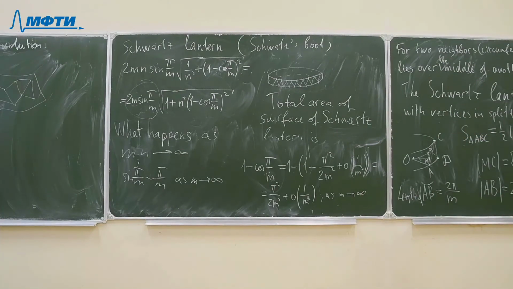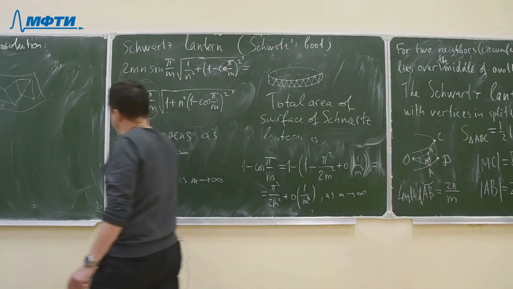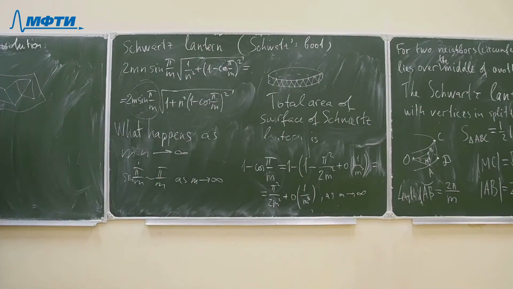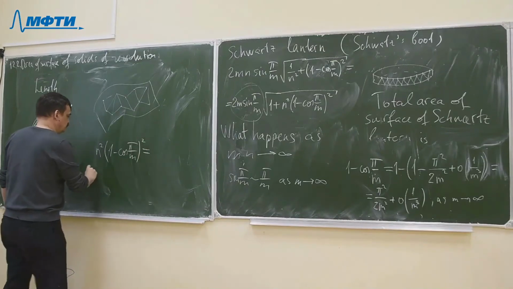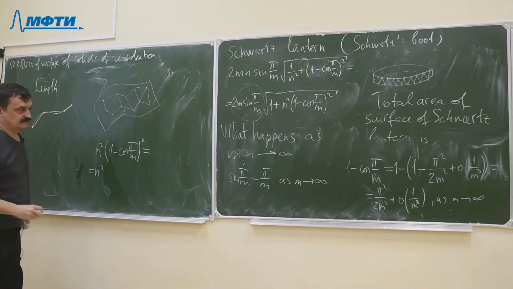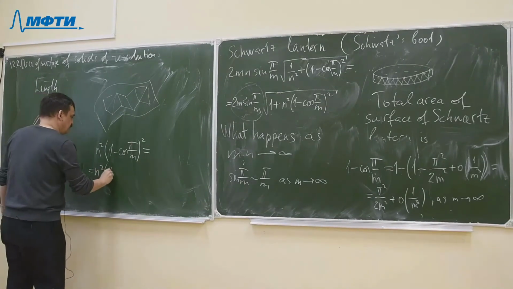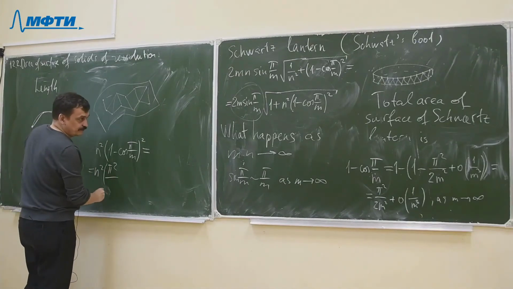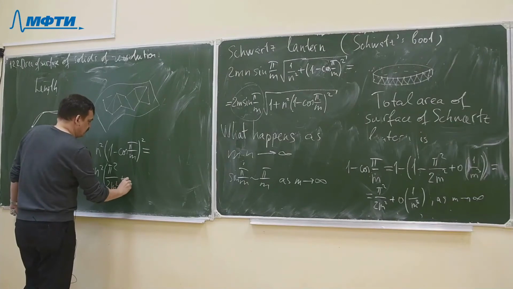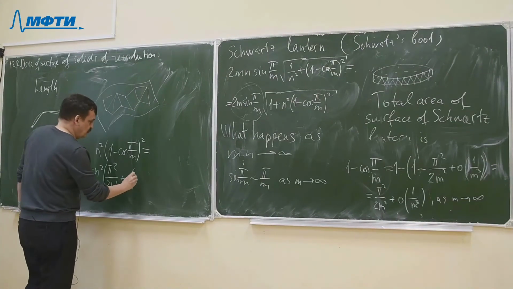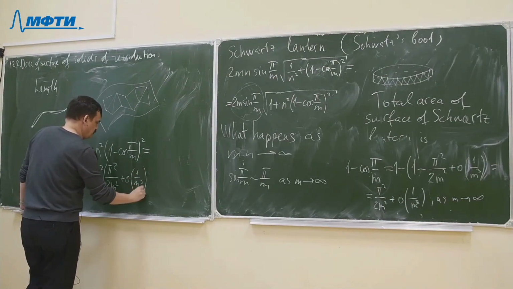Now what do we have under the square root? So look, n squared times 1 minus cosine pi over m squared equals n squared times pi squared over 2m squared plus little o of 1 over m cubed squared.